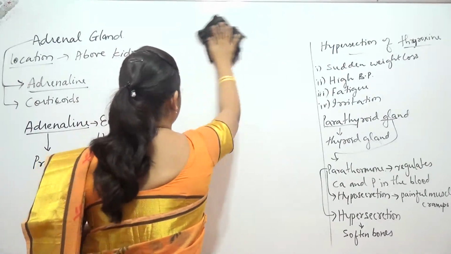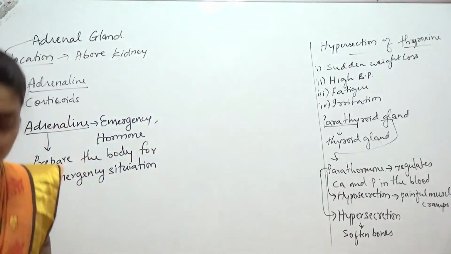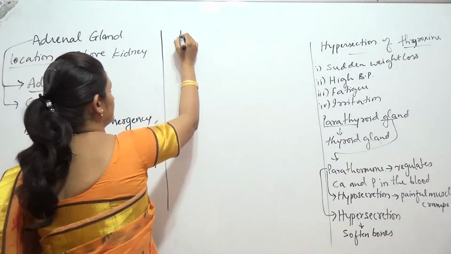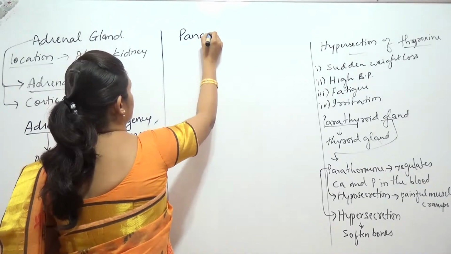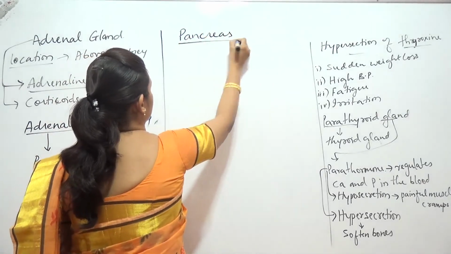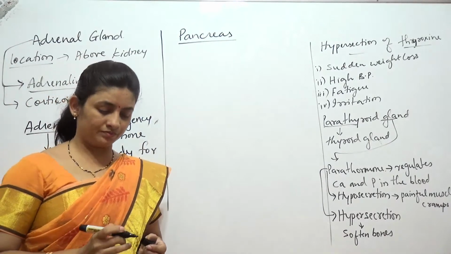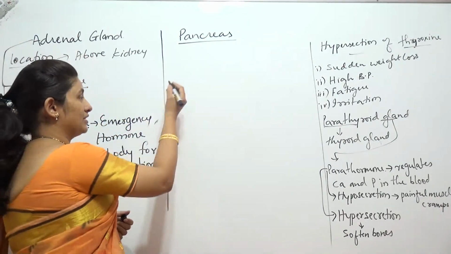The next endocrine gland we come across is the pancreas. We had learned about the pancreas previously also, in the alimentary canal.